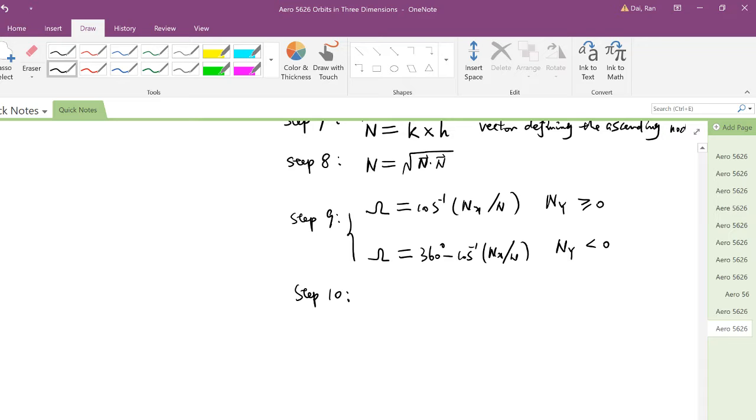And step 10, we are going to use the eccentricity vector, E vector. If you check the book, chapter 2, when we integrate the constant value of the angular momentum, we have the definition of the eccentricity vector, which is equivalent to 1 divided by mu, v cross h, minus mu r vector divided by the r magnitude.